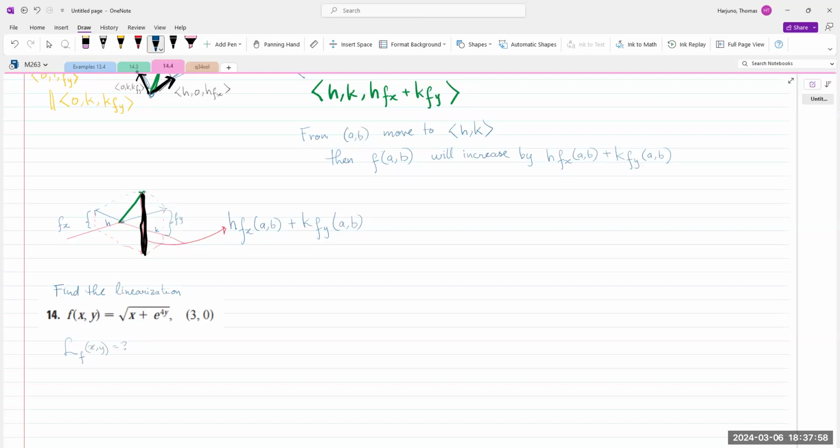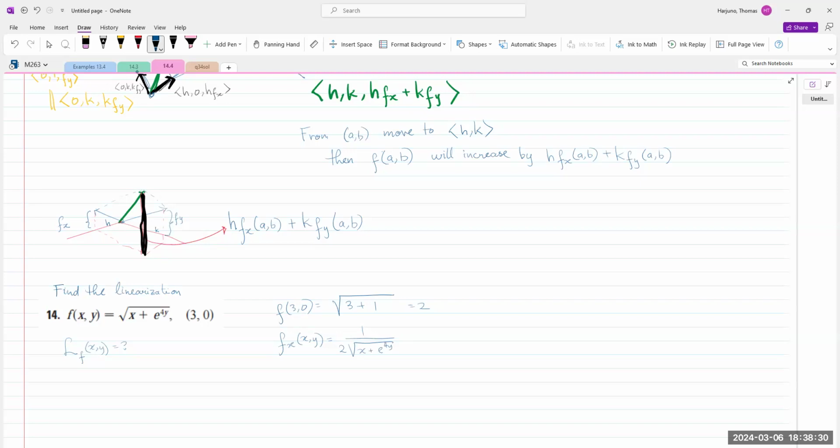Okay, at 3, 0. Let's see what is f(3,0) first. f(3,0) will be the square root of 3 plus e to the 0, that's 1, that equals 2. Now f sub x of x, y will be the derivative with respect to x, which is 1 over 2 times the square root of x plus e to the 4y.